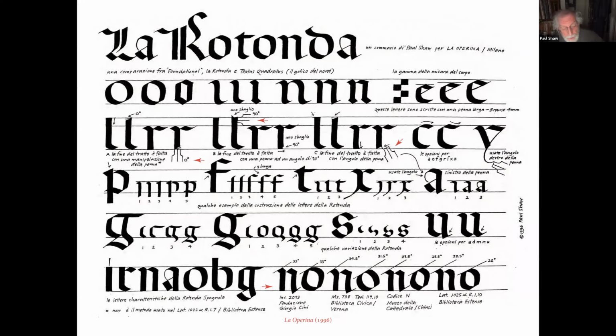Okay, so after that eye-opening trip in 1995, and I'll show you details, photographic ones that I've accumulated since then, I did a 6-page contribution to the Italian calligraphy group in Milan, the Associazione Calligrafia Italiana, for their little magazine they briefly published called La Operina. I contributed 6 pages that were trying to summarize what I thought I'd learned during this sabbatical.